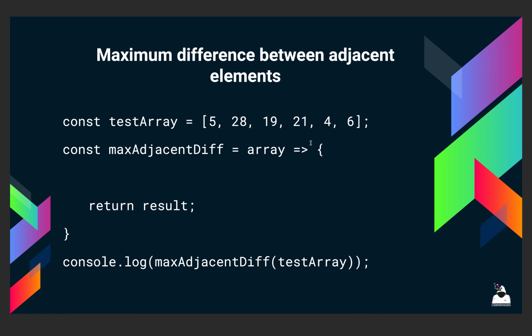The order of this might be totally random at any given point. The 28 might be next to the 6, or next to the 21 on the other side. You definitely have to go through the entire array. My hint would be to use let and create a variable where you can store that maximum difference as you go through.